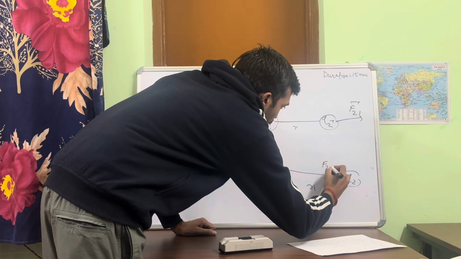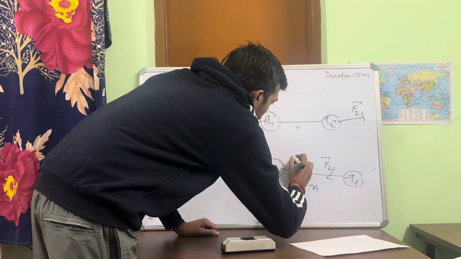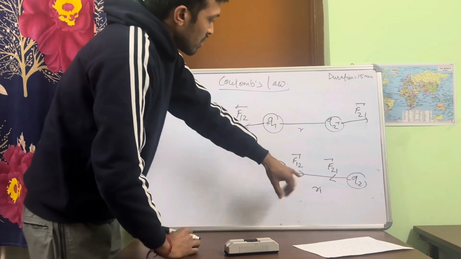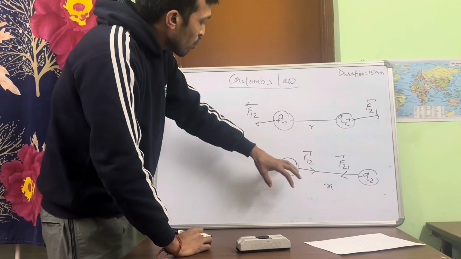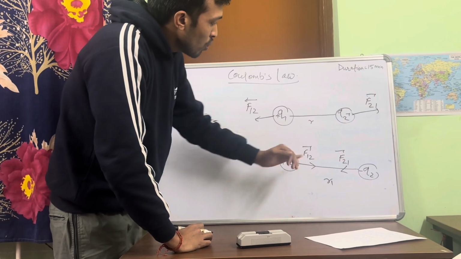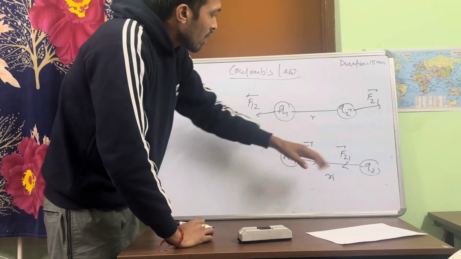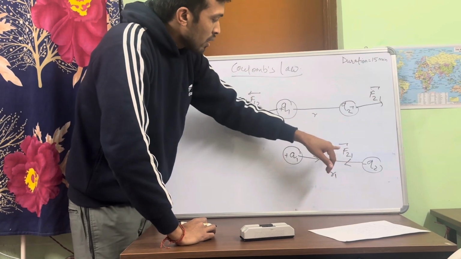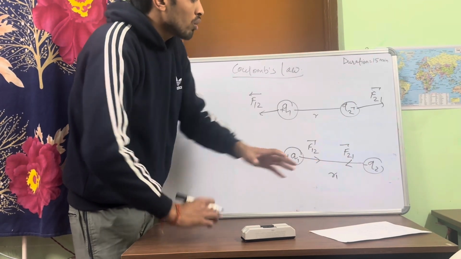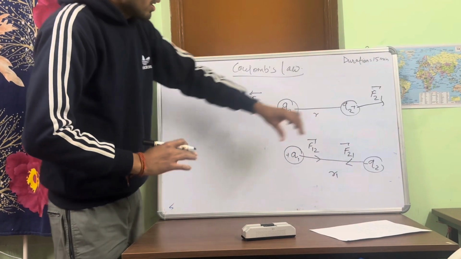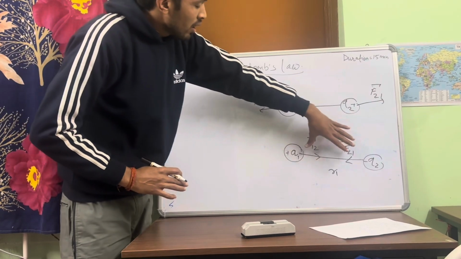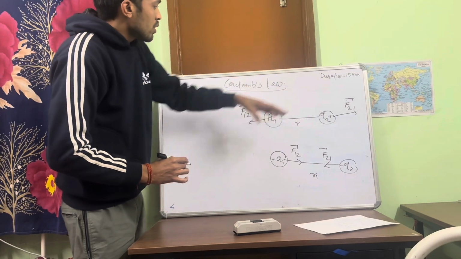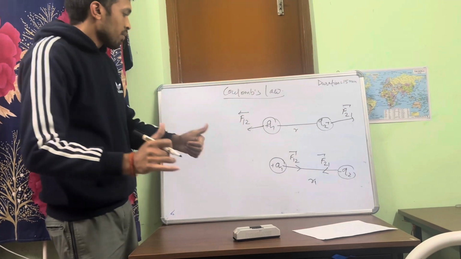This is force F21 and this is force F12. F12 is the force on charge Q1 due to charge Q2, and F21 is again the force on charge Q2 due to charge Q1. Here they are attracted to each other because they are opposite in nature, and here both are positive charges, so they are repelling each other.